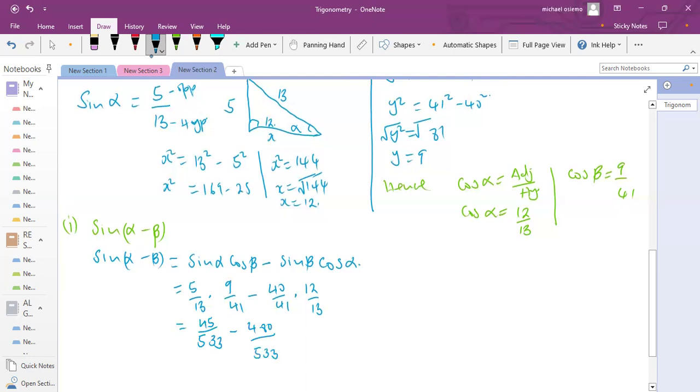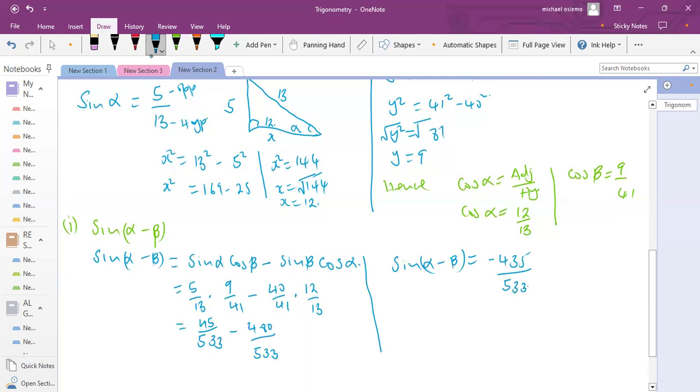And so therefore, it means that sine(alpha minus beta) will be equal to (45 minus 480) over 533. We shall get negative 435 over 533. That is for sine(alpha minus beta).